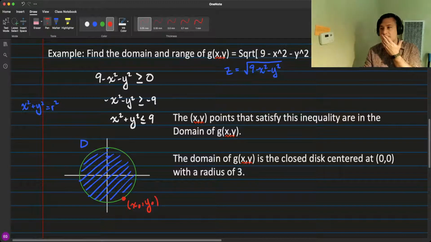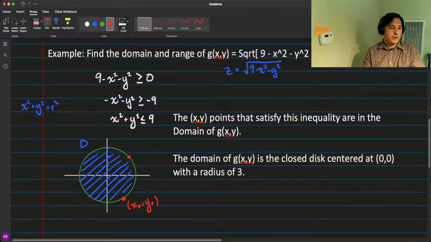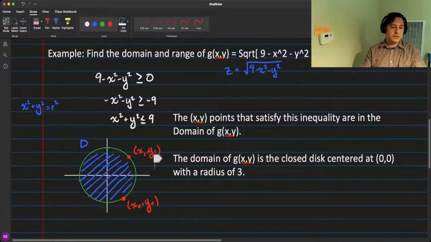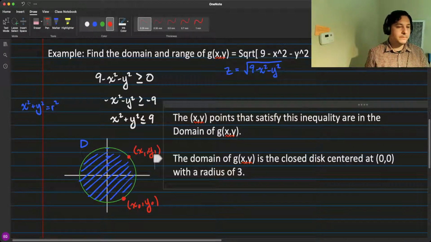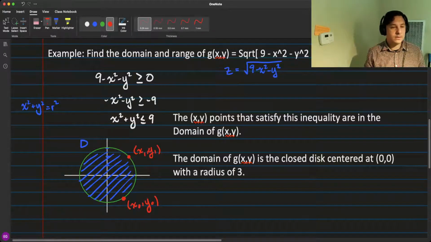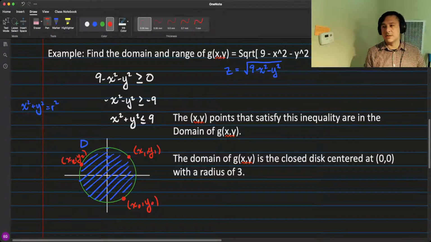If you were to look at x naught, y naught and another point over here also on the edge of the disk called x1, y1, they're obviously not the same point, but there's something very similar about the two of them. Let me put another pair over here called x2, y2. All three of these points have something very similar in common.